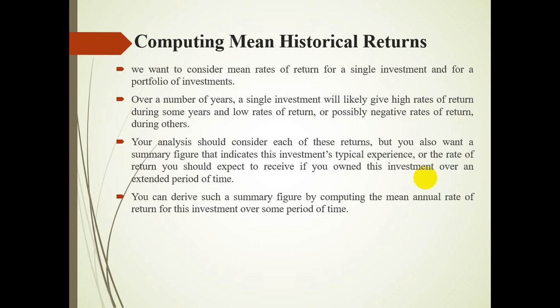And then we discussed the arithmetic mean for a single investment, the geometric mean, the standard deviation, the expected returns, the variance, and the coefficient of variation. So this is all part of how to calculate the historical returns.